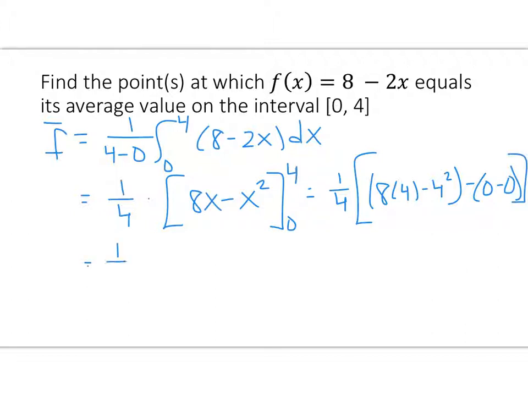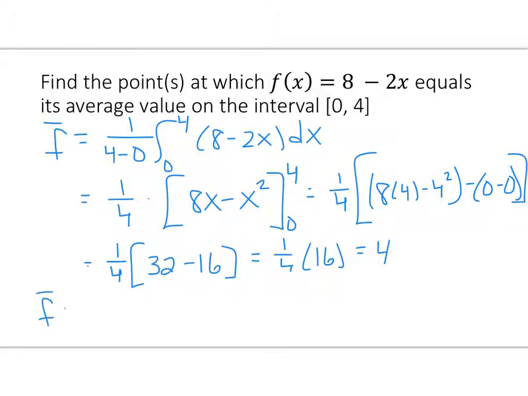So I have 1/4 times 32 minus 16. So this is 1/4 of 16, which equals 4. So f bar, my average value, equals 4. So that's telling me that there's some c value for my function that equals 4. So if I want to find out what that c value is, I know 8 minus 2c has to equal 4.